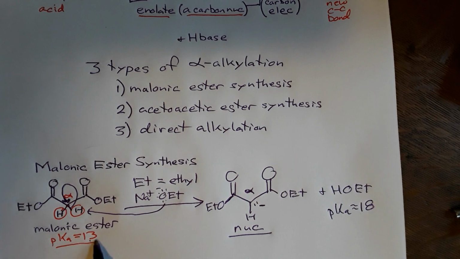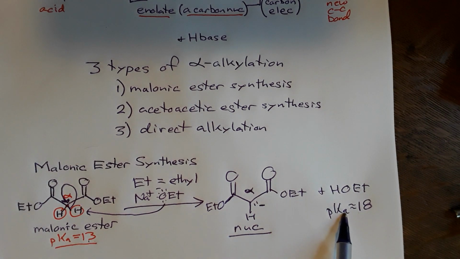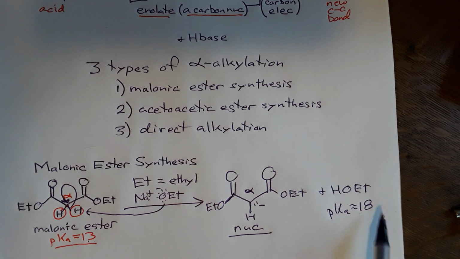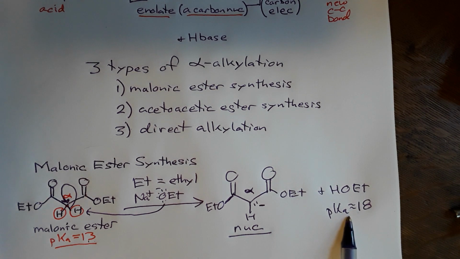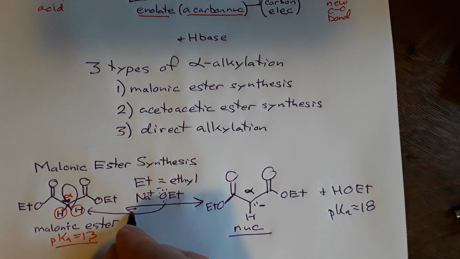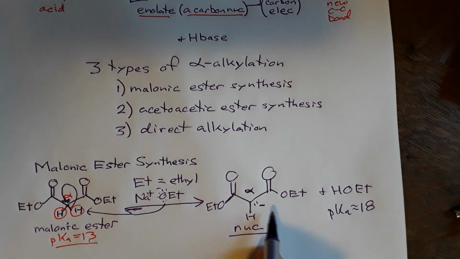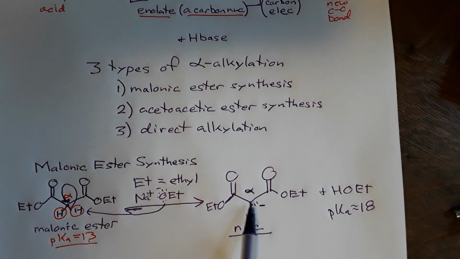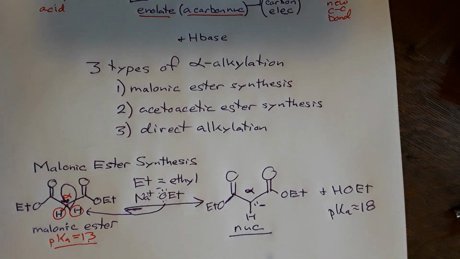It's going from stronger to weaker, and so the equilibrium is greatly going to favor the products. How much weaker is this? 10 to the 5th. So 100,000 times weaker acid, and so there is an equilibrium here, but not much of an equilibrium. It greatly favors, and for all practical purposes, it goes 100%, 99.99% to the product here, the enolate.